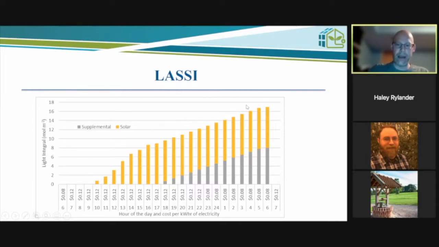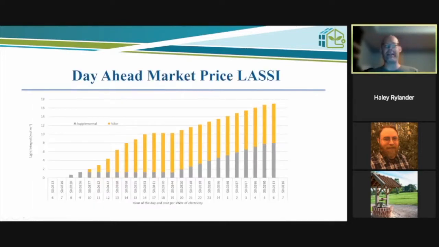With the day-ahead market price LASSI, it's a similar idea, except that the algorithm searches for the cheapest hours during the day and applies light then. On that same day, with the day-ahead market pricing, the prices are a lot lower, even during the peak time.